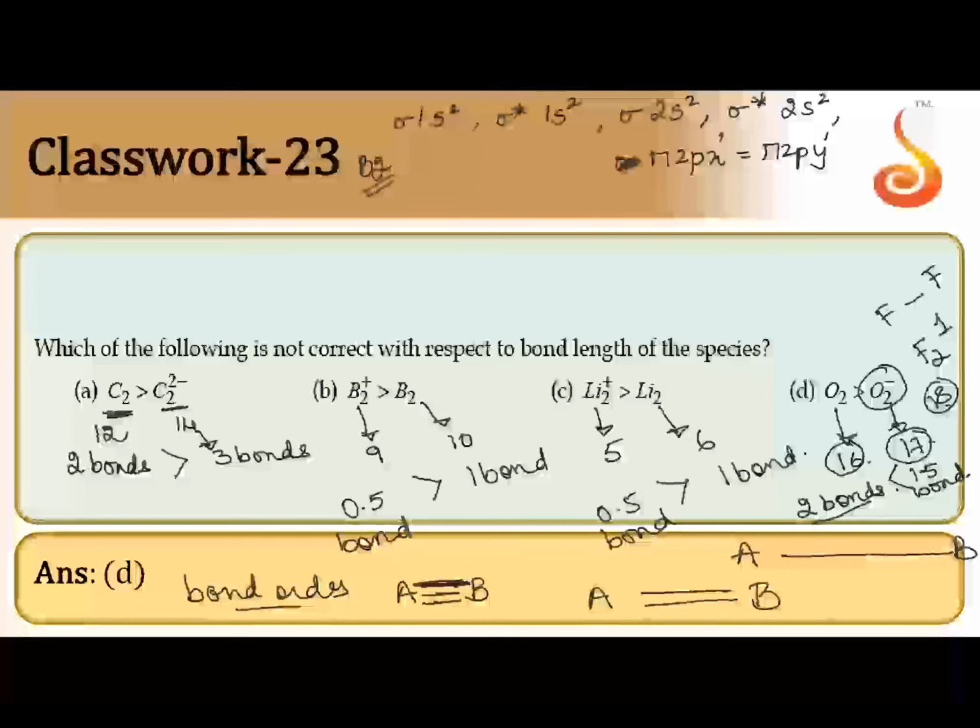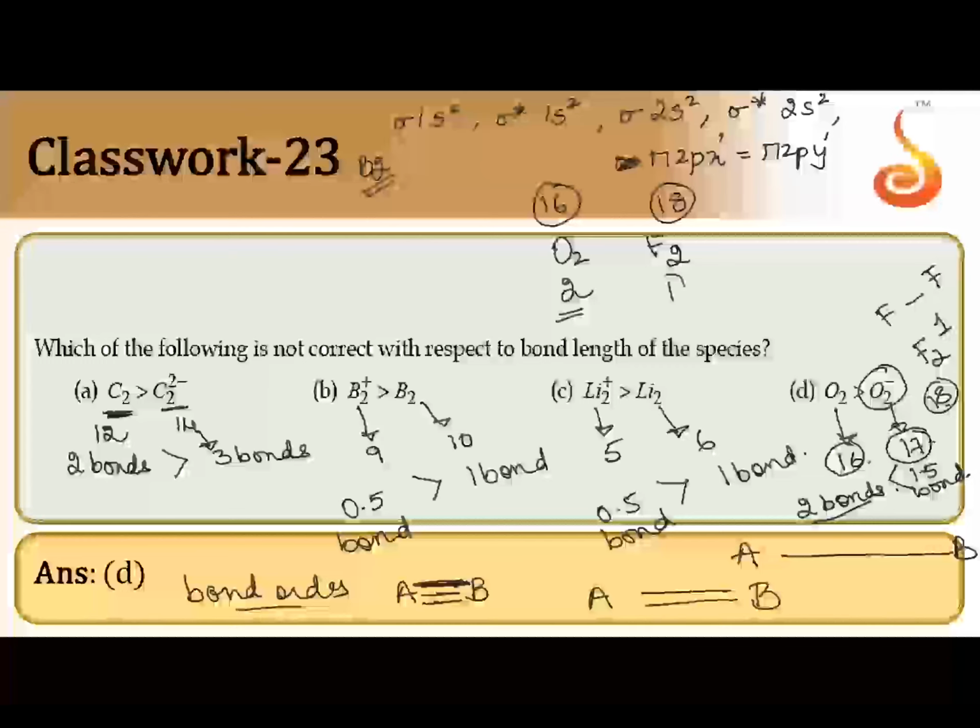You can do it like this also. Okay, so that's one tip here. If you know fluorine has one bond and oxygen has two bonds, then the 16 electron species will have two bonds, the 18 electron species will have one bond, so the 17 electron species will have 1.5 bonds. Similarly, we'll apply this logic.